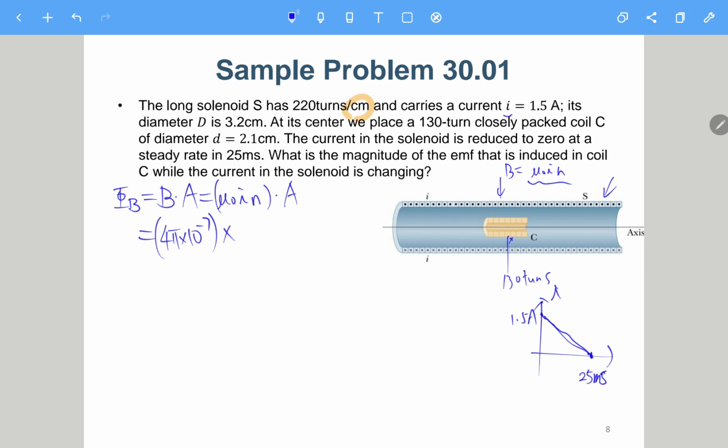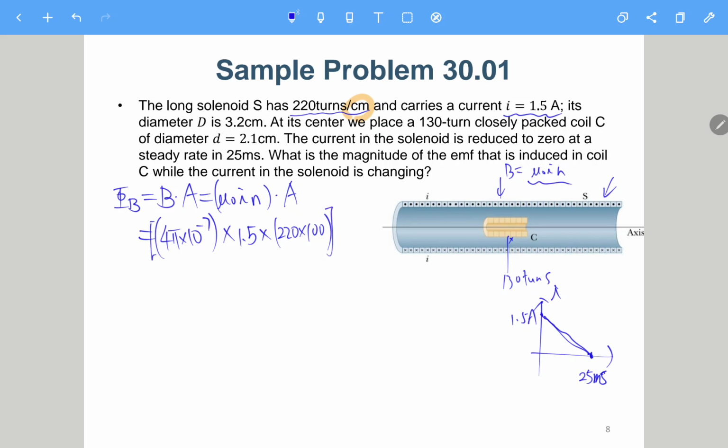And then I, at the very beginning, is 1.5 A, and then times n, the number of turns per unit length. But this is per centimeter, so for meter we need to multiply by 100. So this is 220 times 100 for 1 meter. This is mu 0 I N.